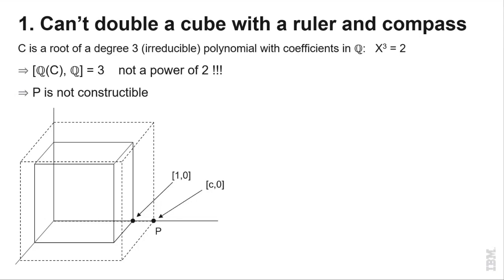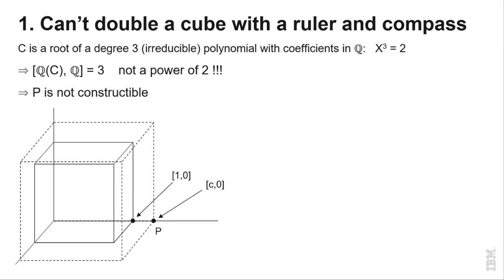So this point P, which I presumably am able to construct, has an x coordinate which is going to be c, and c cubed must equal 2 because it has double volume. The original had volume 1. This has to have a volume of 2. So this c, which I actually constructed, is a solution to the equation x cubed equals 2.